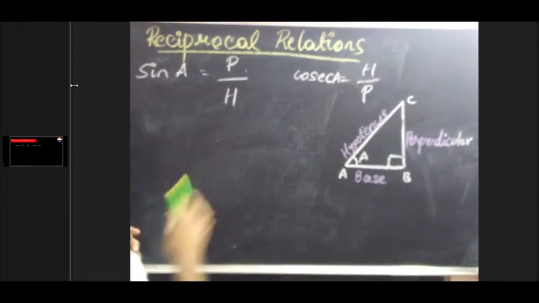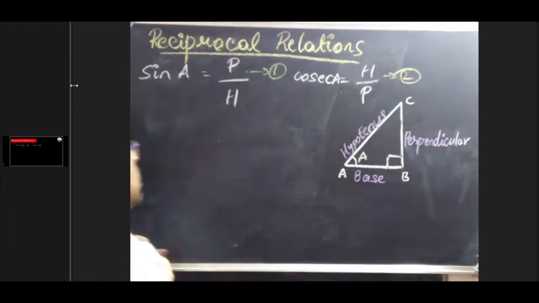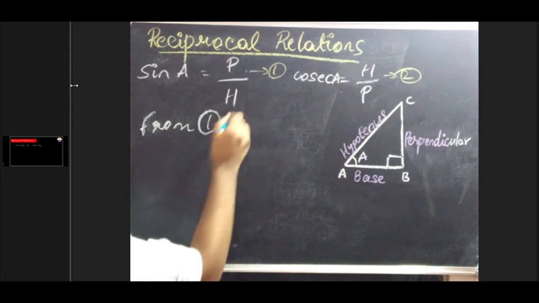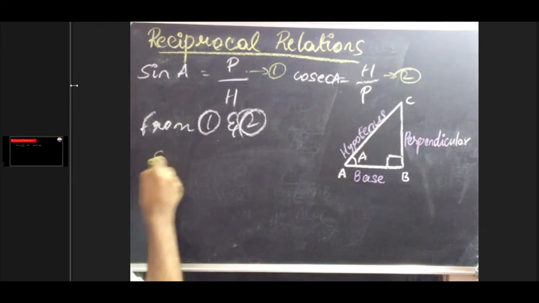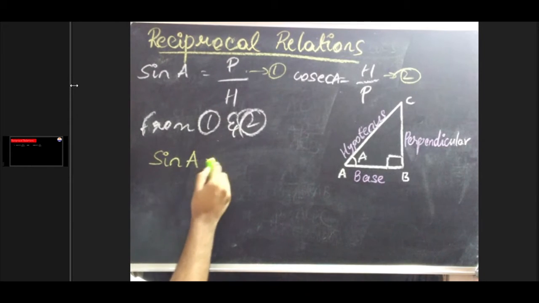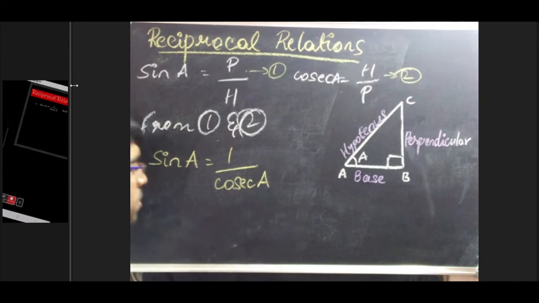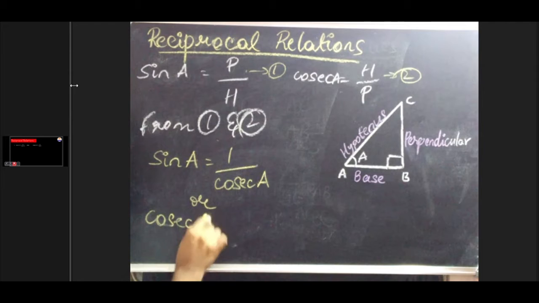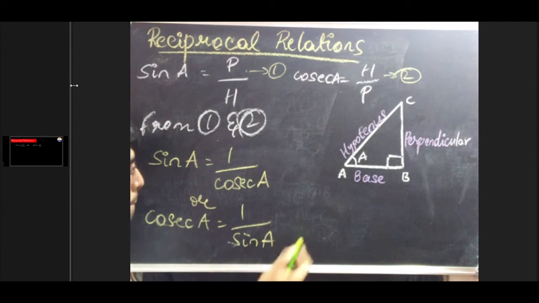Let's take this as 1 and this as 2. Then from 1 and 2, sine A is equal to 1 by cosecant A. Or the other way around, cosecant A equals 1 by sine A.